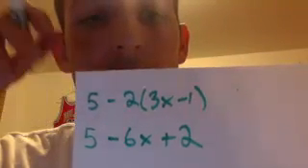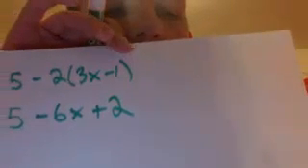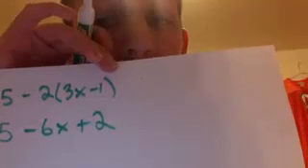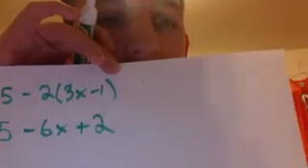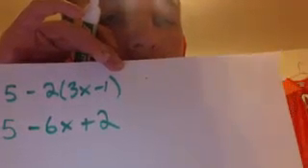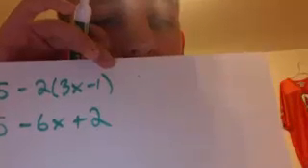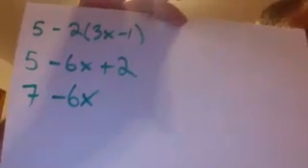And that subtraction of 1 should turn into plus 2, because -2 times the subtraction of 1 is the same thing as -2 times -1, so that's positive 2. Combine your like terms: you're going to do 5 plus 2, not 5 minus 2, because you take the symbol before the number. So it's positive 5 and positive 2. Those combine to 7, and we get 7 minus 6x, or -6x plus 7 would be just fine as well. Let's try another one.